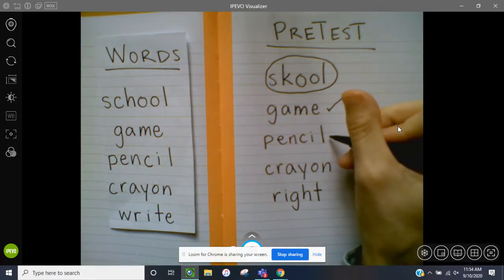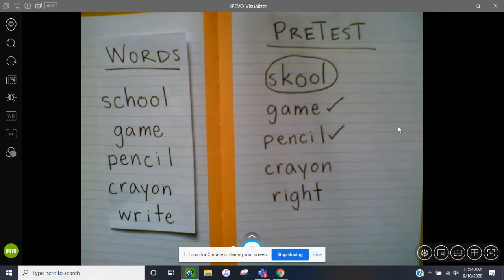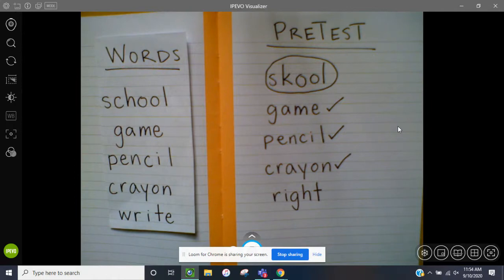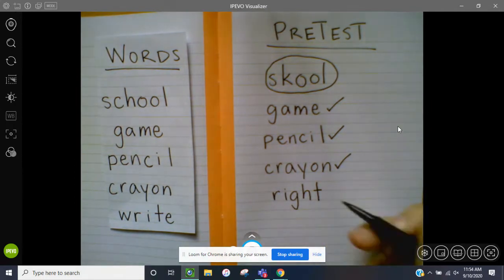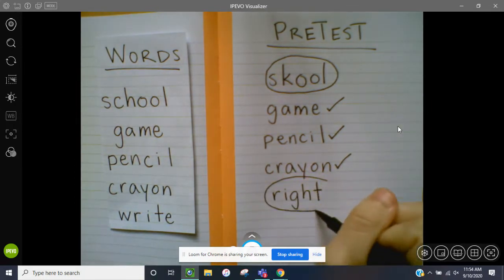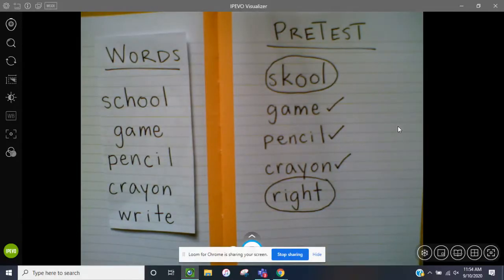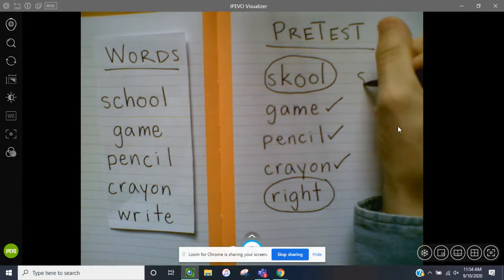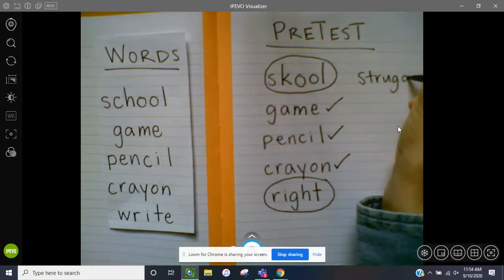I spelled pencil correctly, so I checked it off. And I spelled crayon correctly, so I can check it off. Now, I did not spell write correctly, so I'm going to circle the word write. And so now you can see I have circled the 2 words that I did not spell correctly. These are called our struggle words.